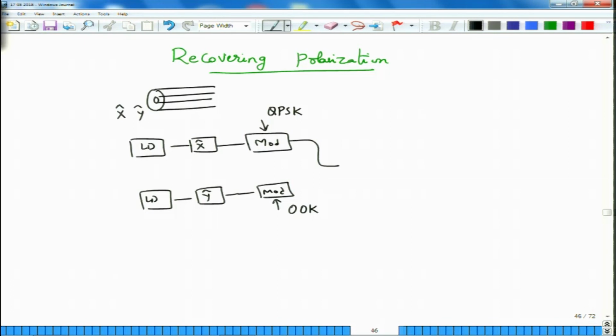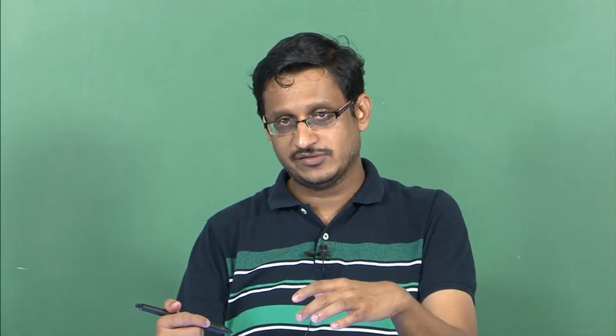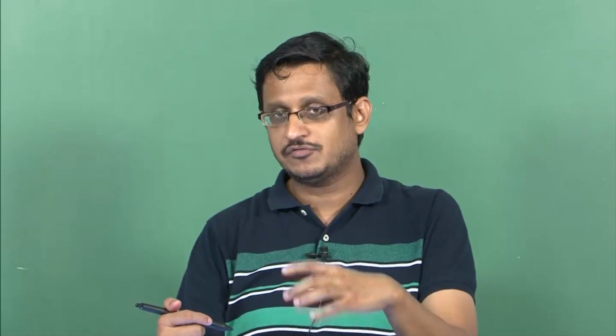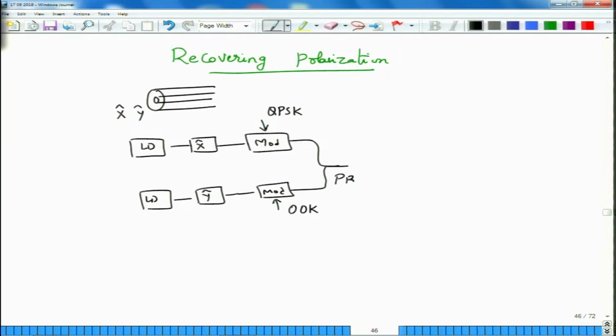Although in practice all these considerations depend upon the transmission reach, the bandwidth and the data rate that we want to achieve for a given application, it is important to note that using two polarizations, you can simultaneously transmit information at the two polarizations and thereby double the usage of your bandwidth. So, you combine these two using what is called a polarization beam combiner and then launch into an optical fiber.